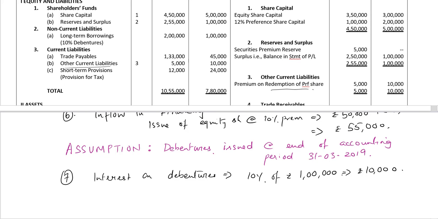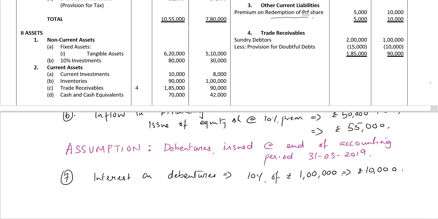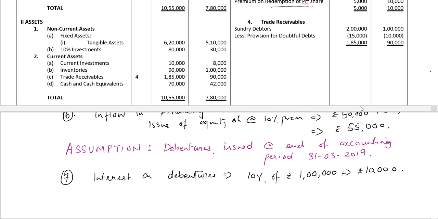Let's move on to check whether any other item has been missed out. We have 10% investments under the B subdivision in non-current assets. It's increased from 30,000 opening balance to 80,000 closing balance. So there's been a purchase of investments. And again, we are not sure when the purchase was made.